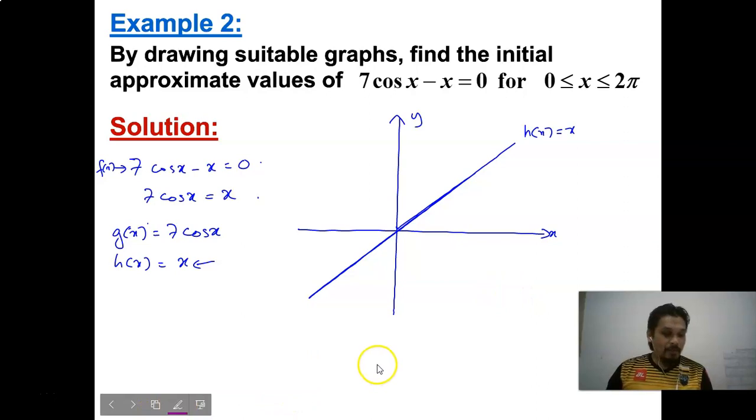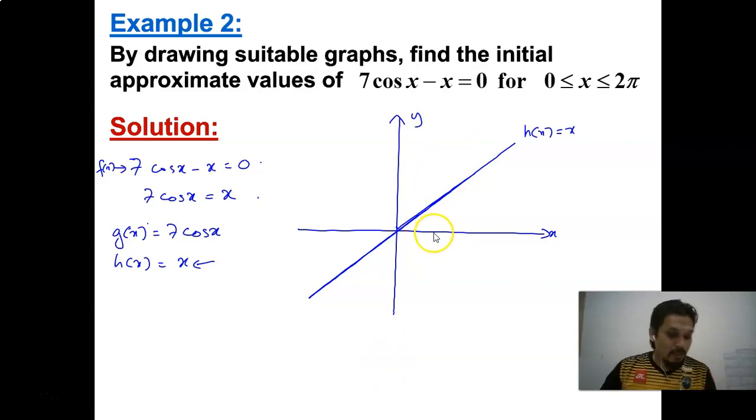And then the graph of 7 cos x. You may use any apps that you have, with pi over 2, pi, 3 pi over 2, and also 2 pi.